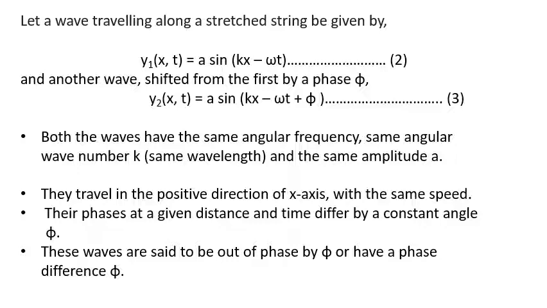Both waves have the same angular frequency, same angular wave number, and the same amplitude. They travel in the same direction along the x-axis with the same speed. Their phases at a given distance and time differ by a constant angle phi. These waves are said to be out of phase by phi, or to have a phase difference of phi.